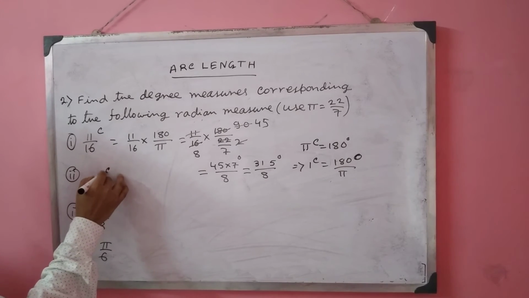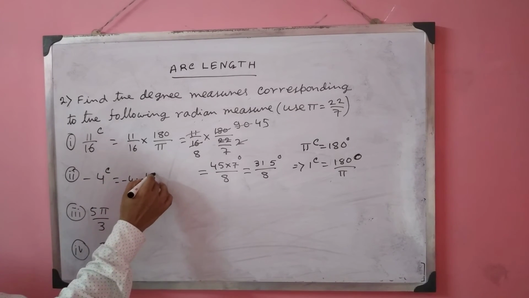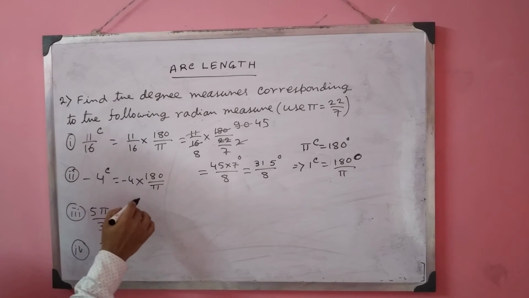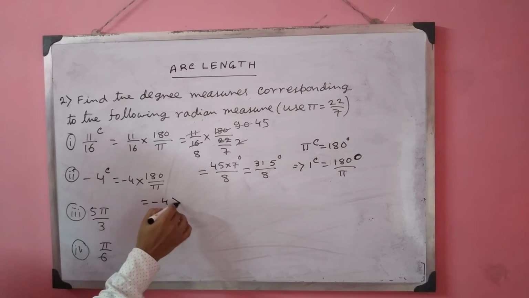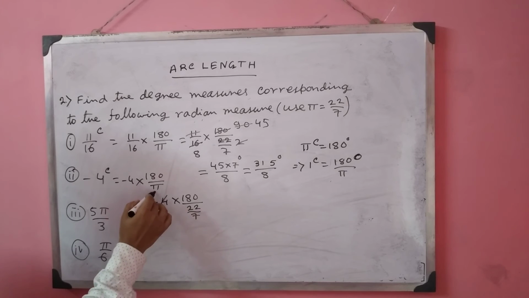Minus 4 radian is equal to minus 4 into 180 by pi. We use pi equal to 22/7.